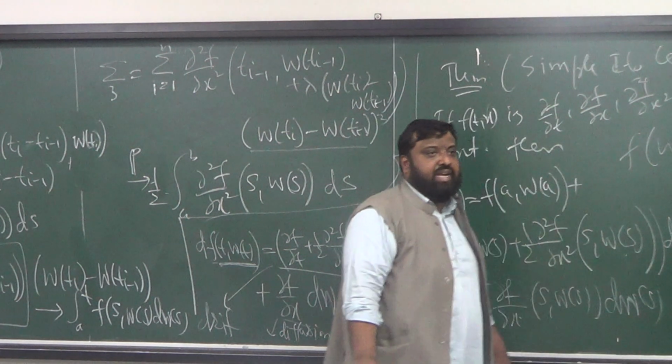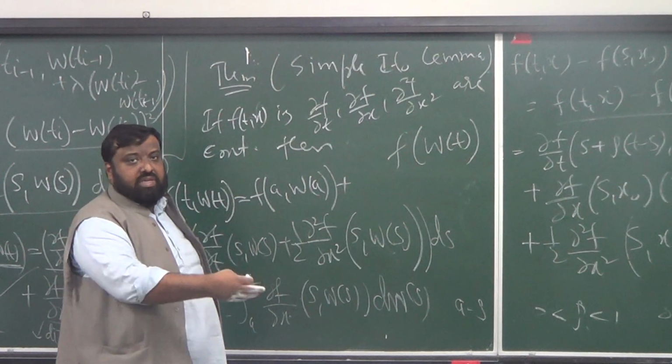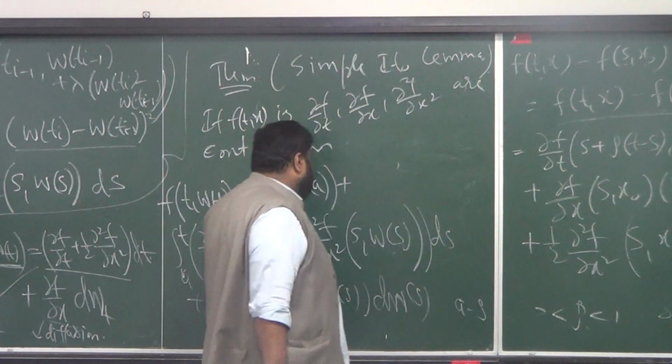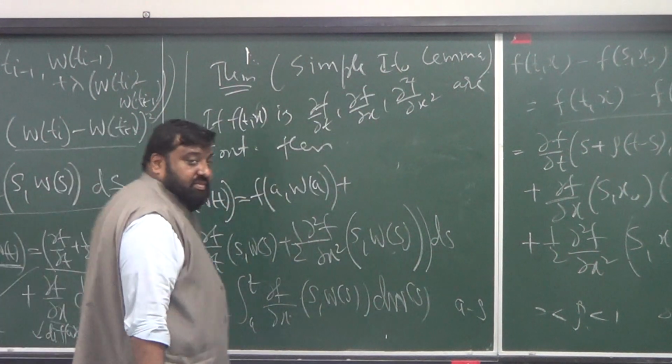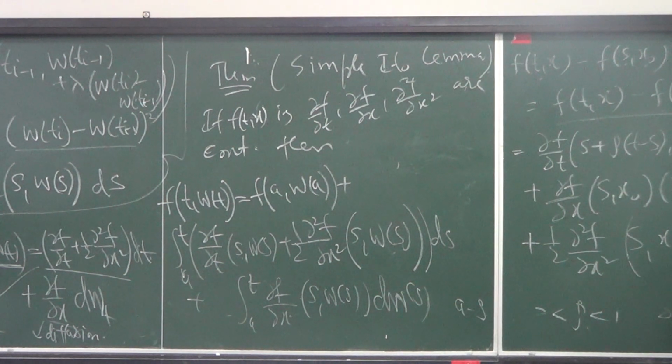Now it also depends on time. In other words, the simplest form of f was from L2 to R. This is from 0 to time cross L2, right?